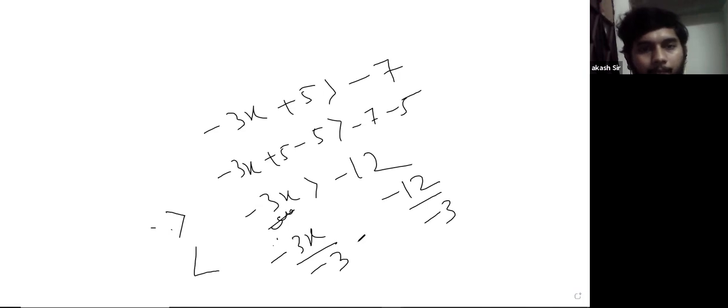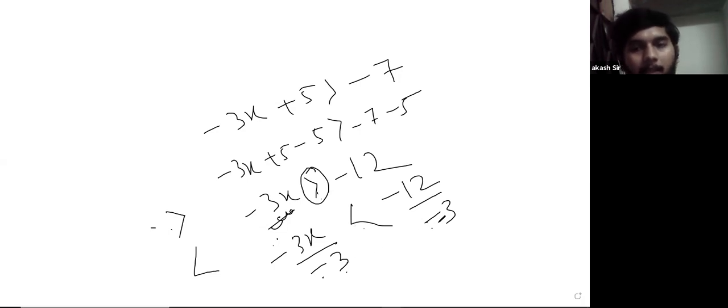Less than. And why is that? Because of the negative signs. Right. So see, everyone, here we had greater than sign, but because we divided by -3, we had to change the sign. Okay, because we had greater than sign, we have to put it less than sign here because we divided by a negative number.